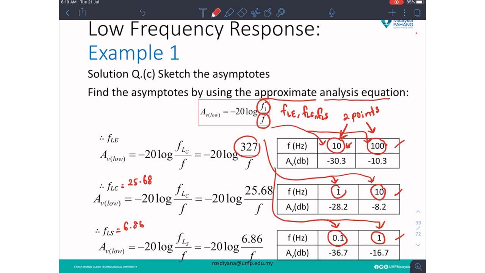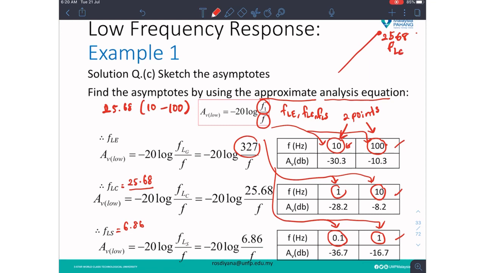Let's go to another example. The FLC is 25.68 Hertz, which is in the range 10 to 100 Hertz. So this is 25.68 Hertz, the actual value for FLC.